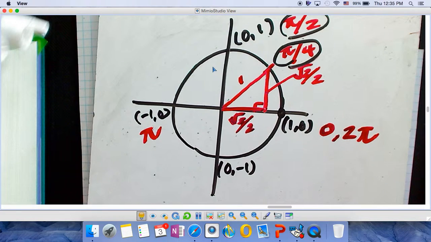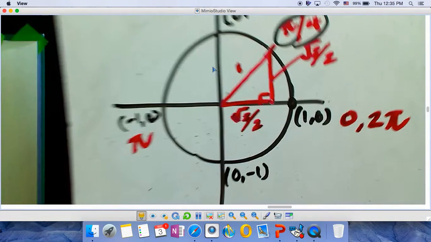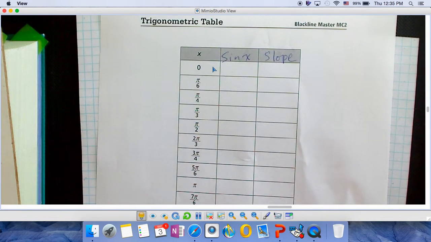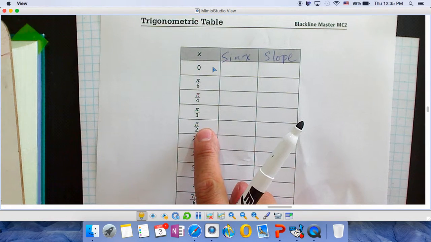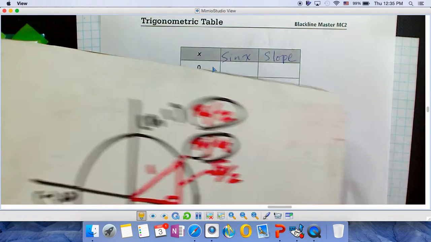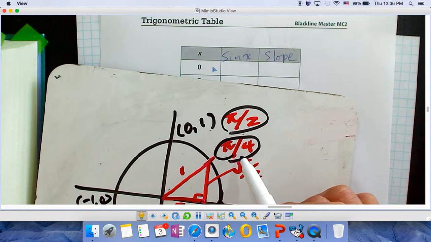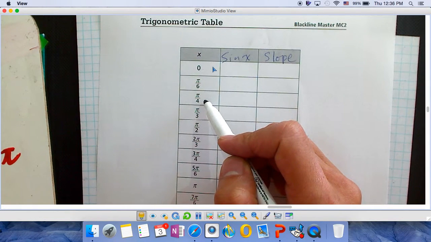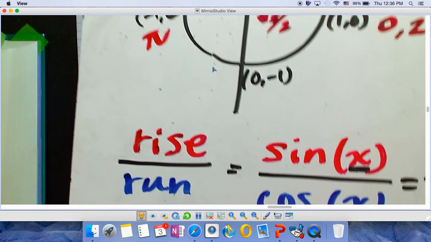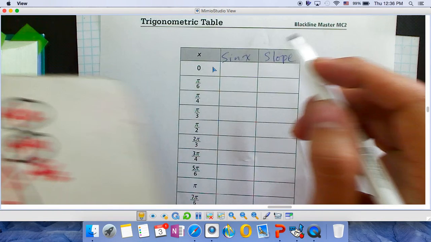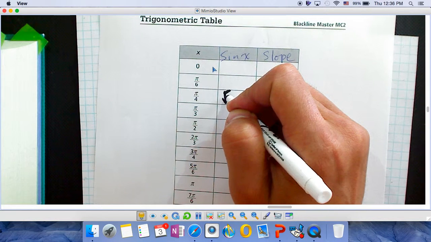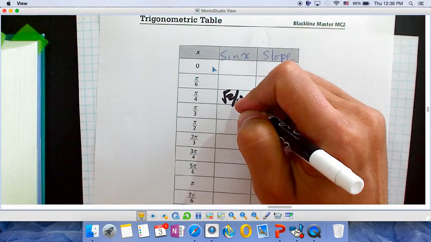So when we are at pi fourth, when x is pi fourth, which is this one, then sine, which is the rise, is square root of 2 over 2.